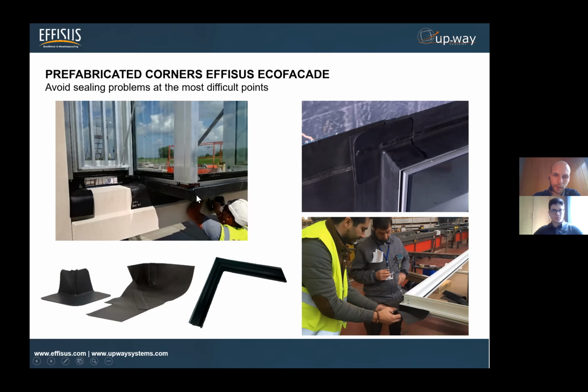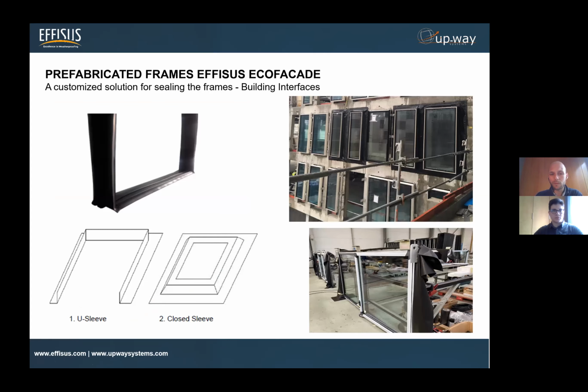But when you have different corners, as you see in here or in there or in there, we'll have a different possible approach, with a very specific solution that covers the full requirements of the project. And just moving into an even higher level of customization, we can have these prefab frames.